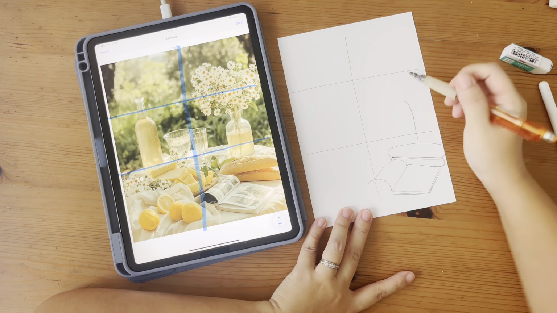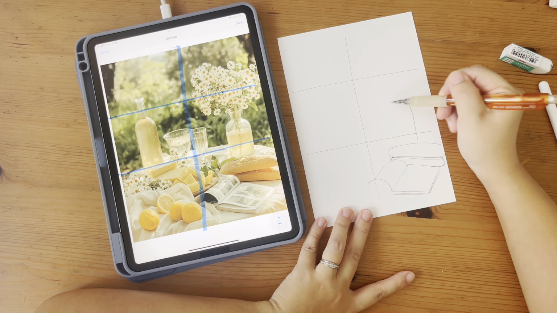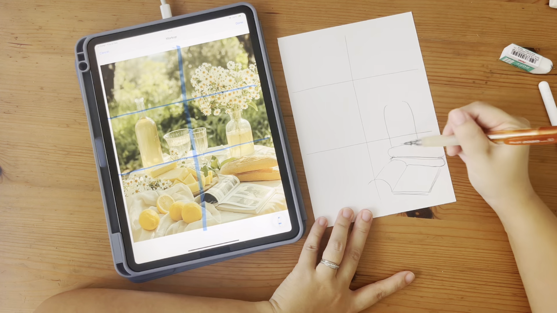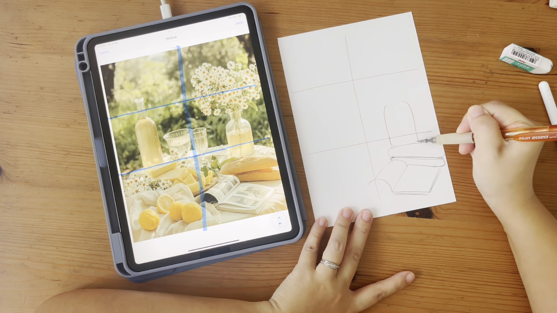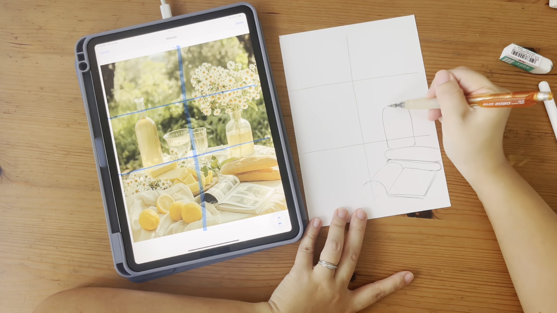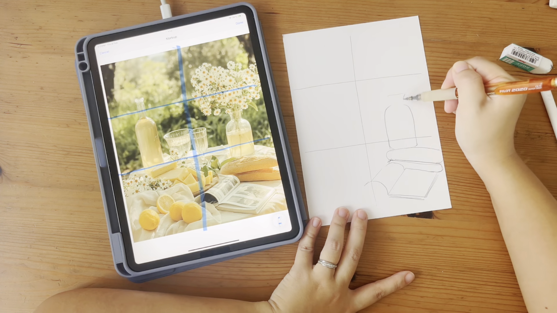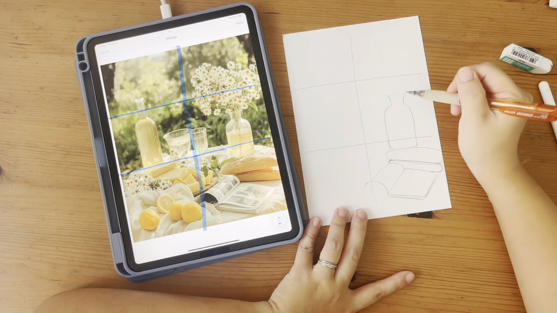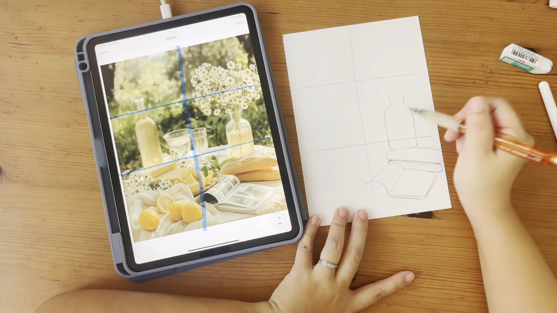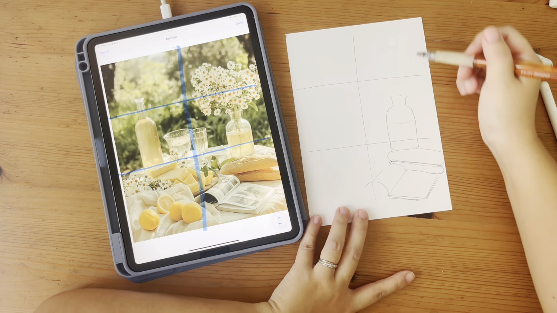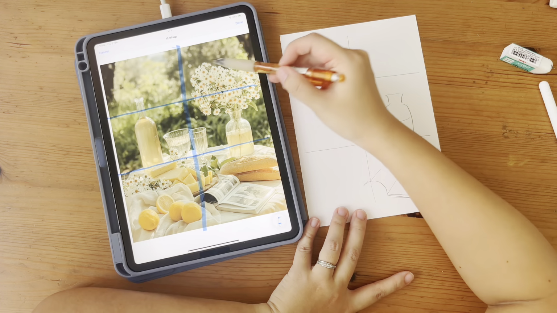Curves down close to the baguette and ends around here. Yeah, so I have that bottle. There's flowers going on.